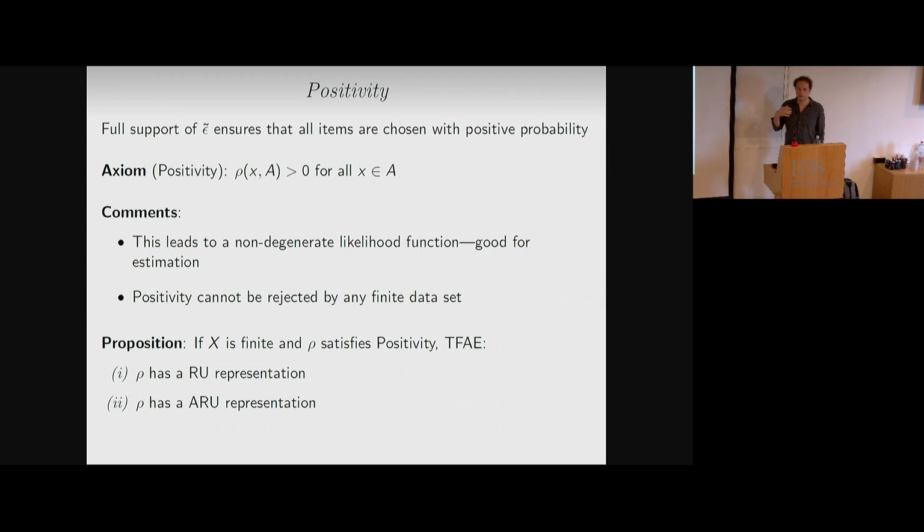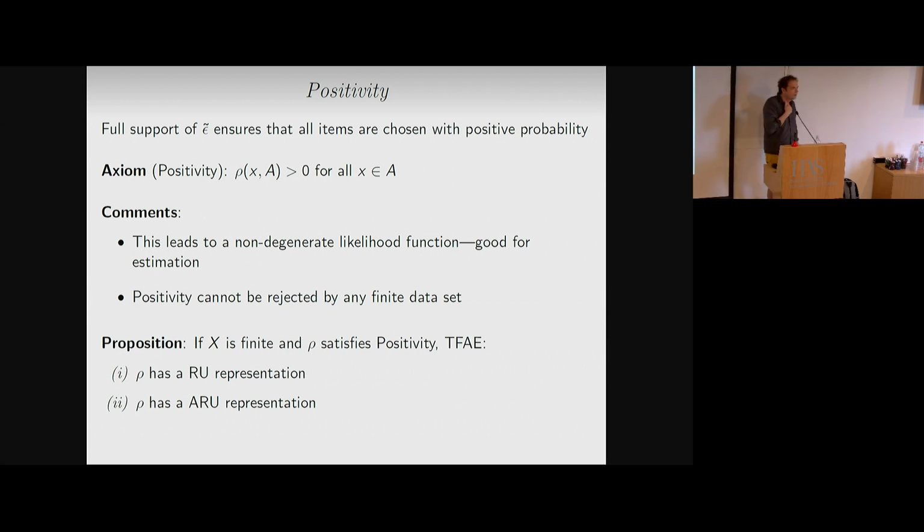The likelihood function is degenerate. Also, this axiom cannot really be rejected in any finite data set, because if you didn't see something chosen, maybe you didn't make enough observations. Maybe the choice probability is very, very small but positive.